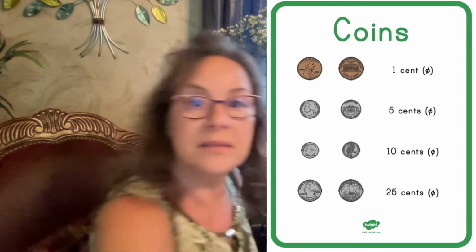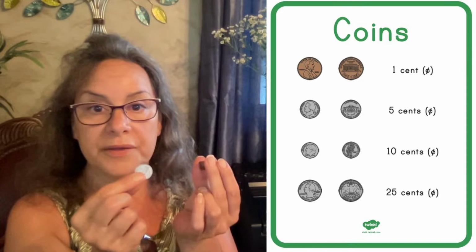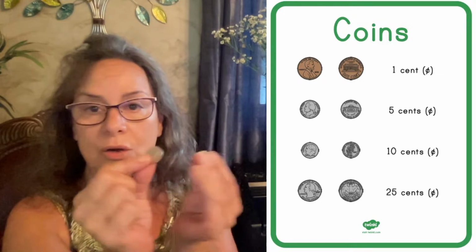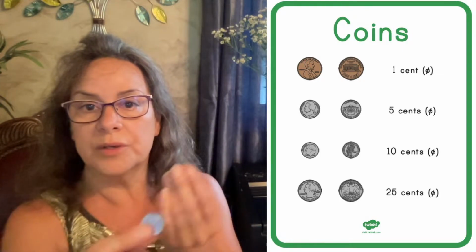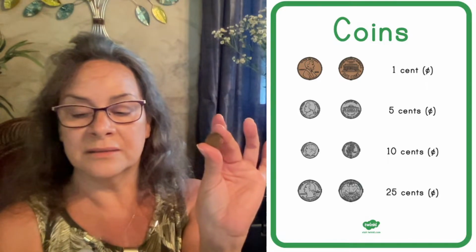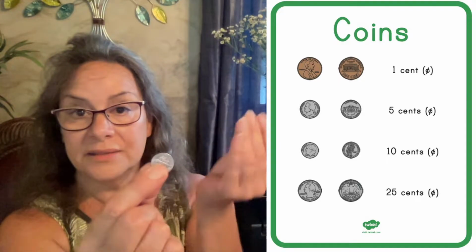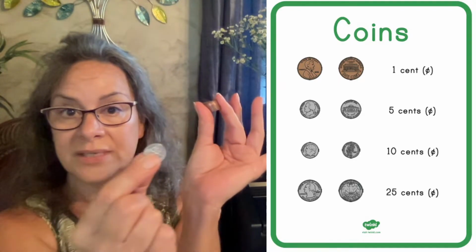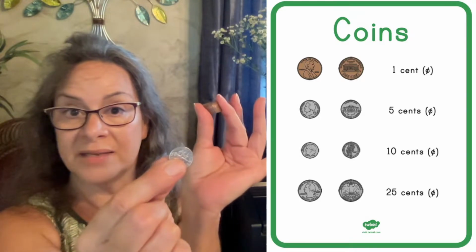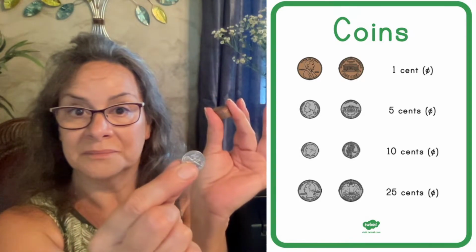So our nickels are worth 5 pennies. 1 dime is worth 10 pennies. And what do we have next?